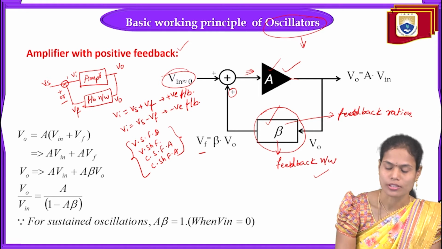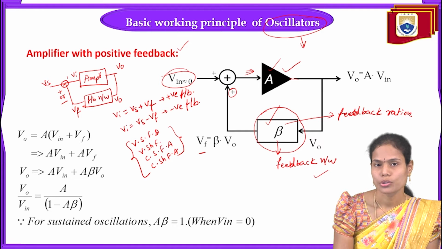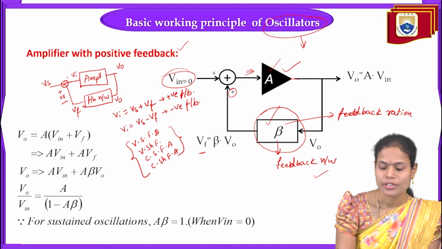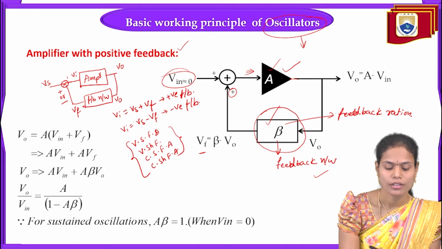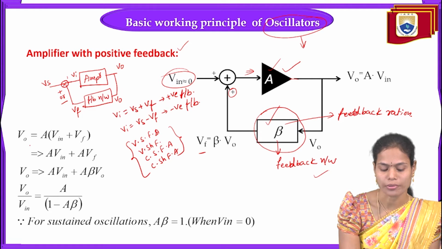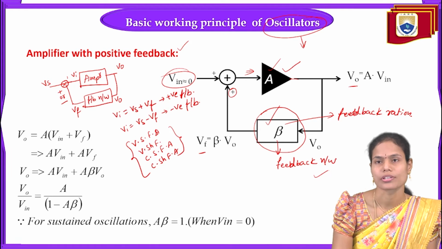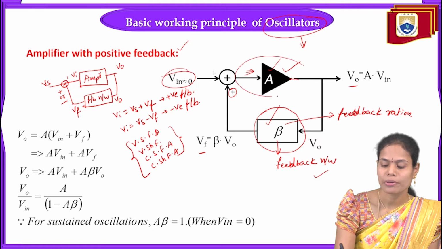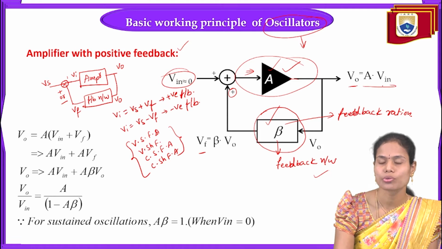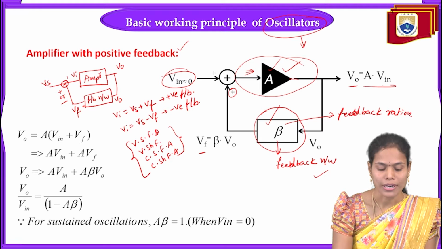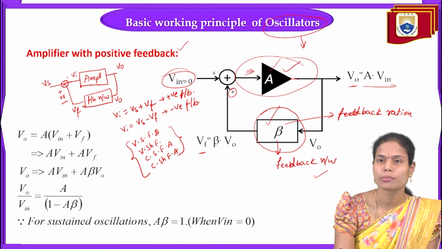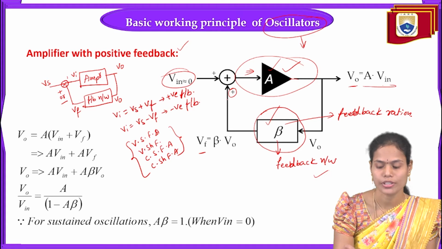The basic principle required to operate the oscillator properly is, first, it should operate in positive feedback. So I'm calculating the gain of the positive feedback amplifier. First of all, I'm taking the output voltage here. Generally, if you take only an amplifier circuit, output voltage is gain times the applied input voltage. But in this case, we are adding the feedback also, so we need to consider the feedback voltage along with the input voltage.